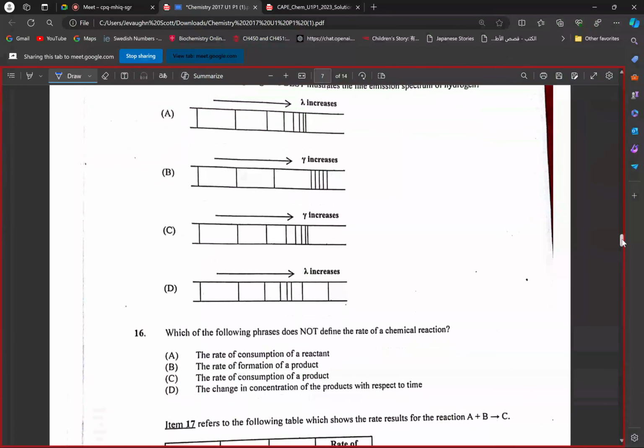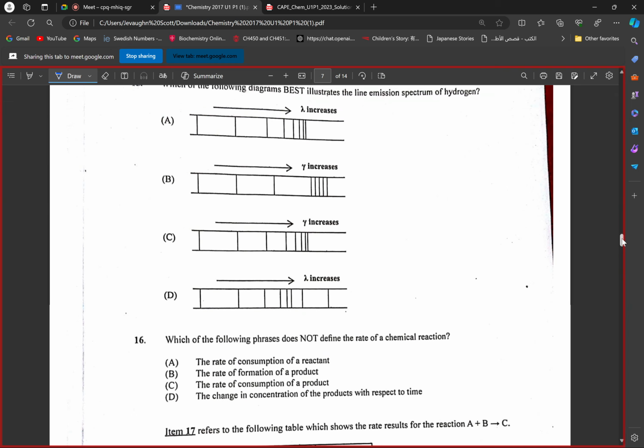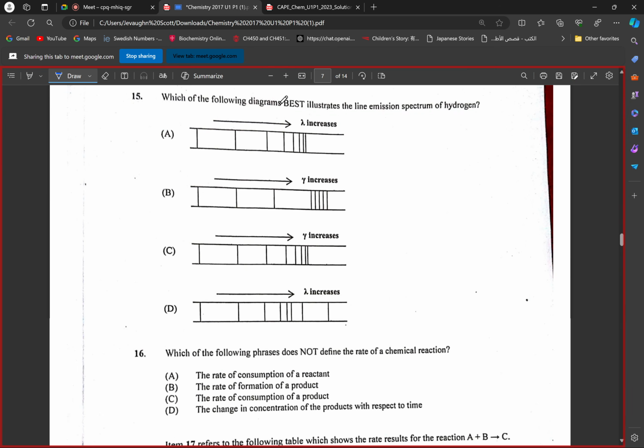Which of the following diagrams best illustrates the line emission spectrum of hydrogen? This is the answer, right? A. As lambda increases, the energy levels become successively closer to each other, right?